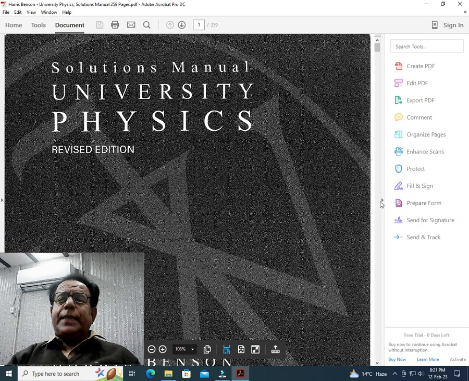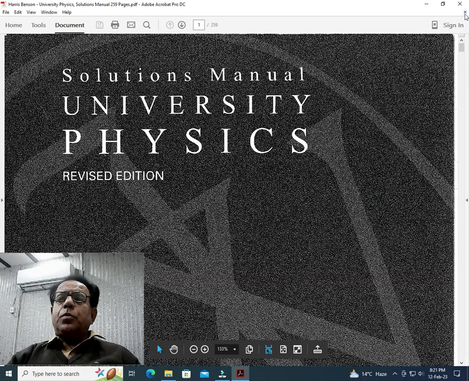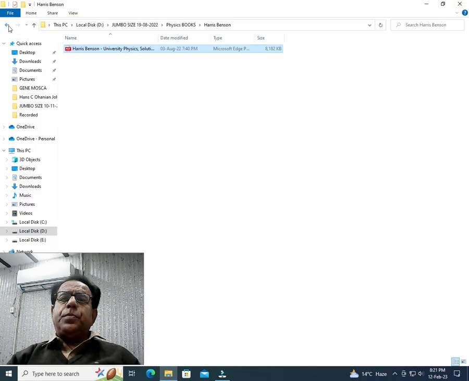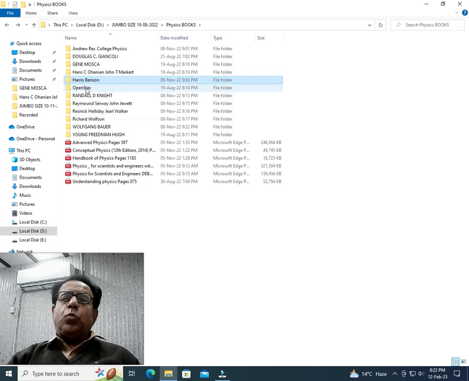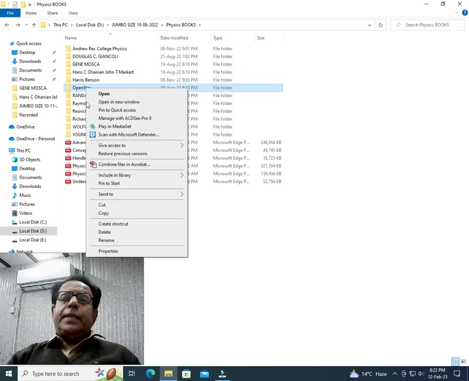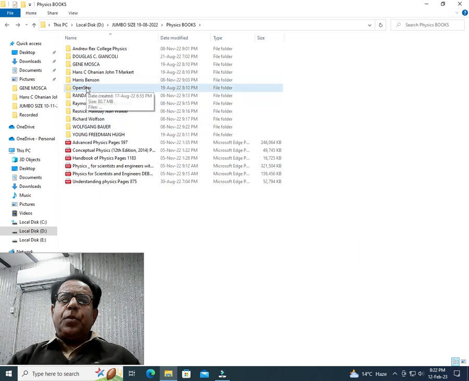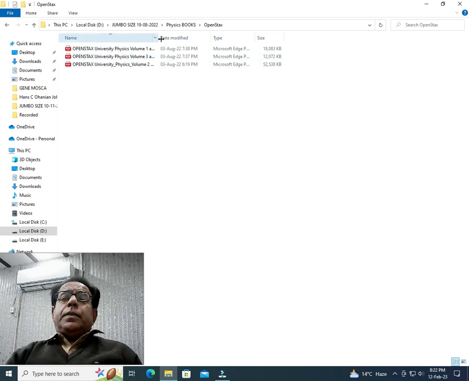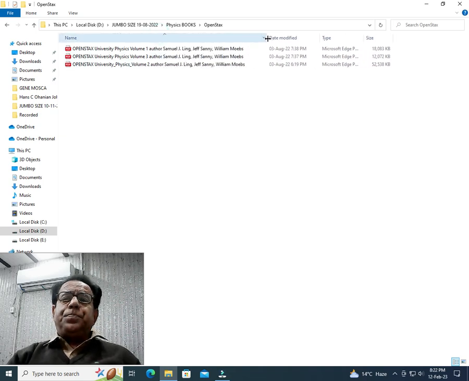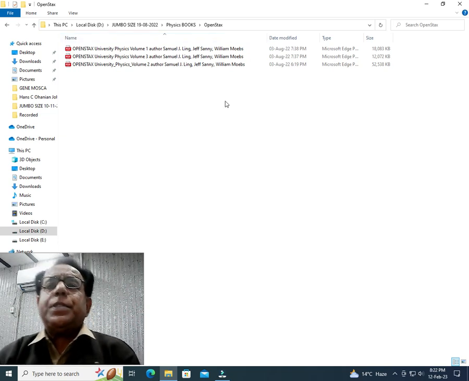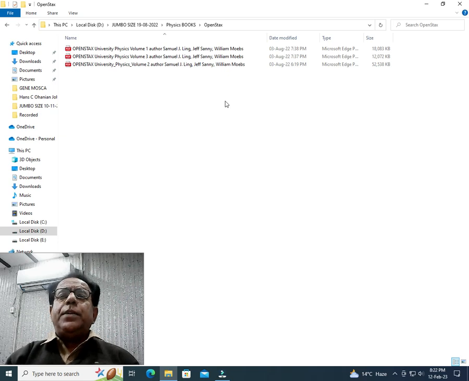Dear students, the next book is this solution manual. This is not a textbook. The next book is OpenStax's University Physics, volume 1, 2, 3.